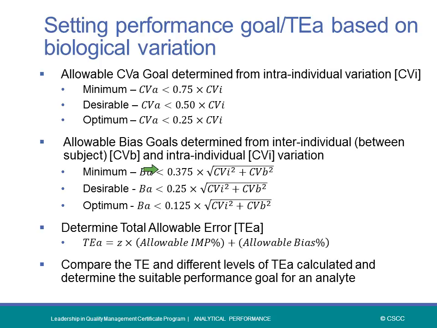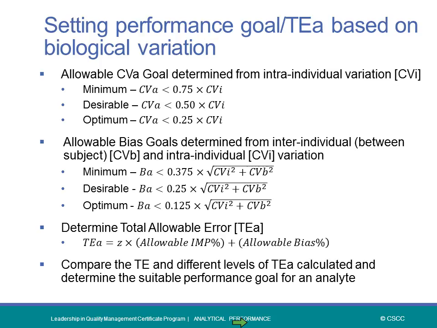Total allowable error is often calculated based on the intra-individual variability and inter-individual variability in the following formula. And of course, it is usually listed on websites that display this data.